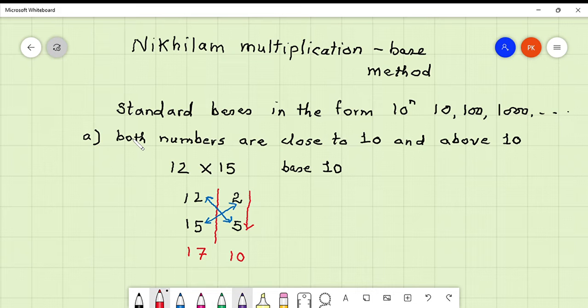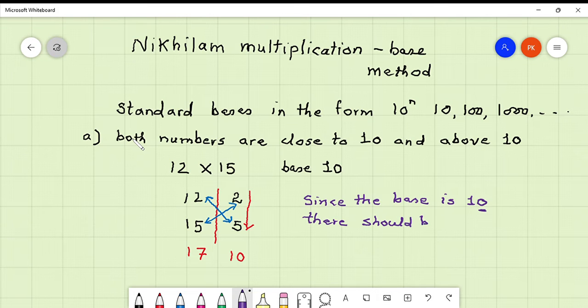Now since the base is 10, and 10 has only one zero, there should be only one digit on the right side of the partition.